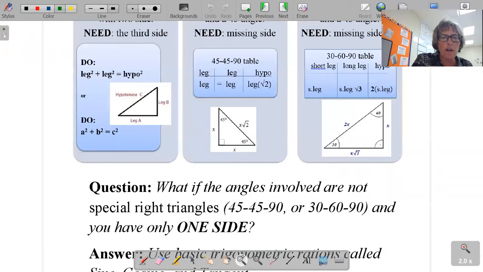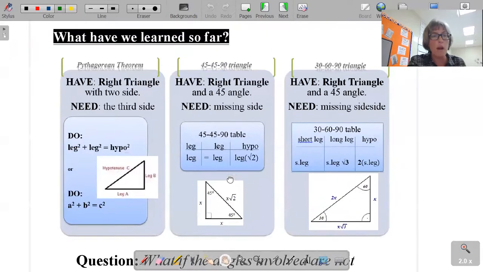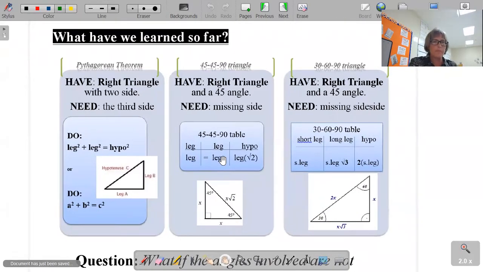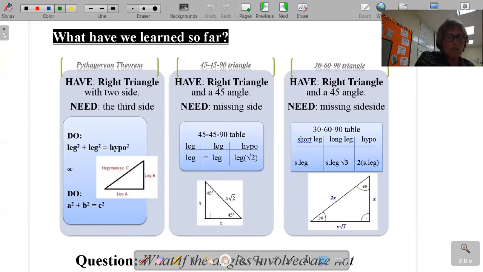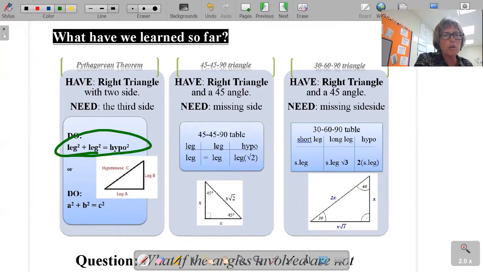So far you have 3 tools in a right triangle. Let's review them. Have 2 sides, need a 3rd side, Pythag. So that's leg squared plus leg squared equals hypo squared. You use that when you have 2 sides and you need a 3rd side. Then we had 45, 45, 90, leg, root 2.